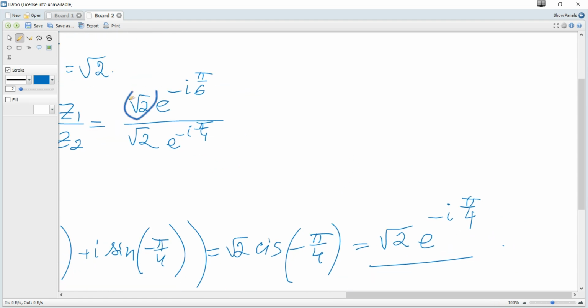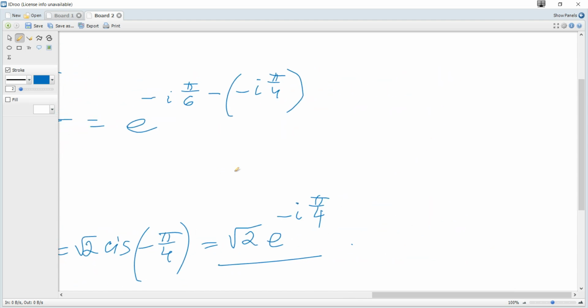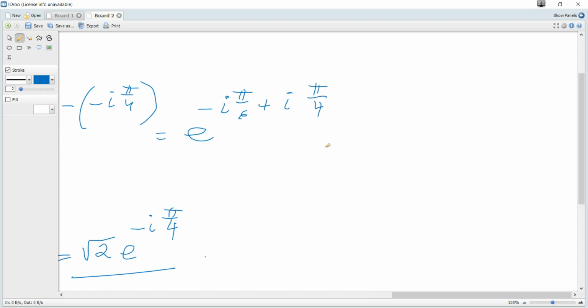And these are just numbers, so we can simplify them, it's usual division for usual numbers, and you can see that root 2 cancels, and we get just e to the power of negative I pi over 6 minus negative I pi over 4, and it becomes e to the power of negative I pi over 6 plus I pi over 4, and the common denominator is 12.